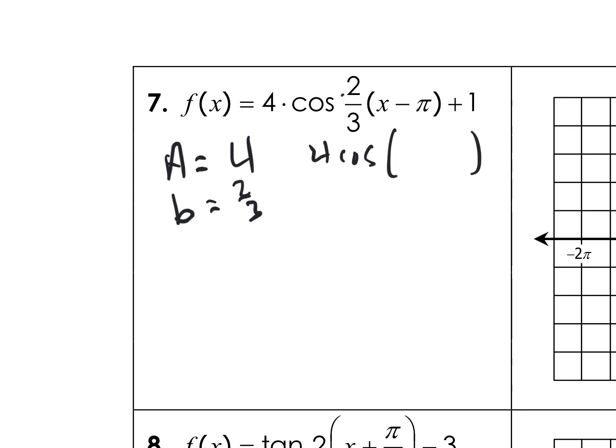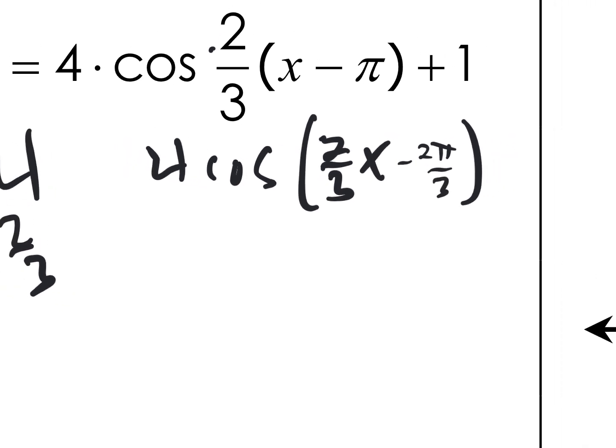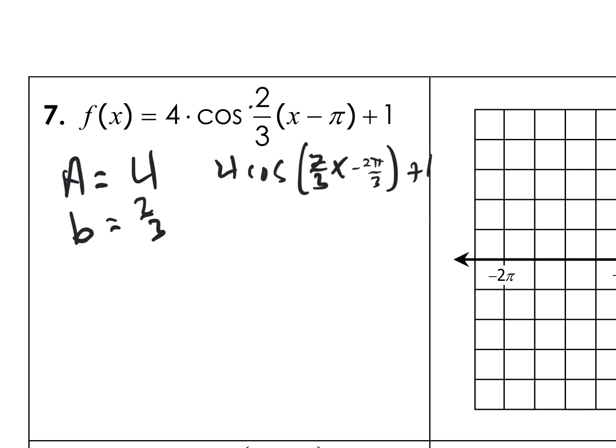That would be a 2/3 x minus 2 pi over 3 plus 1. If you see it like that, then you have to say, oh, that number in front of the x is my B, because I have to pull it out. And if I pull it out, there is your phase shift right there.